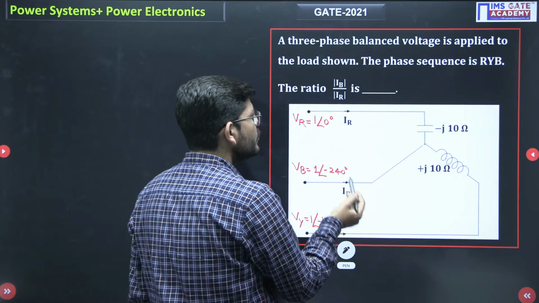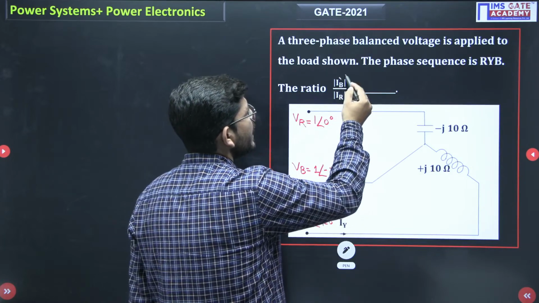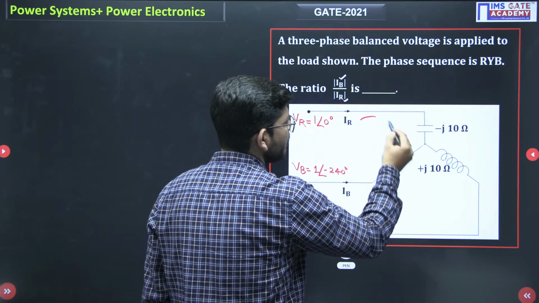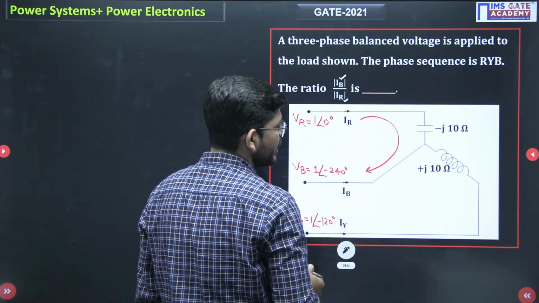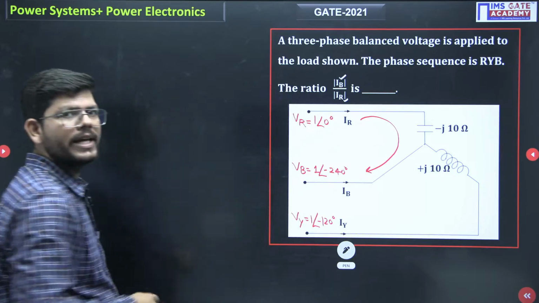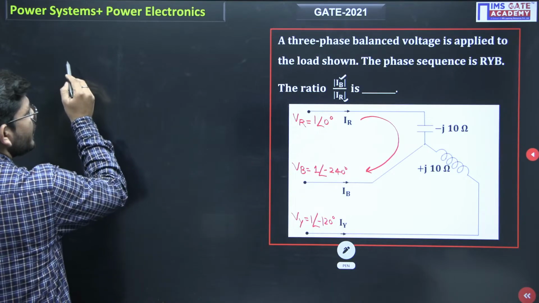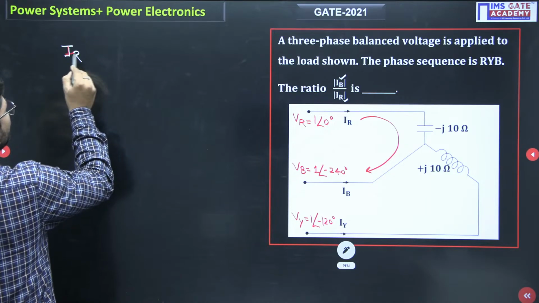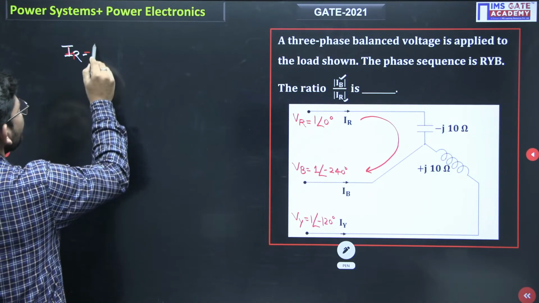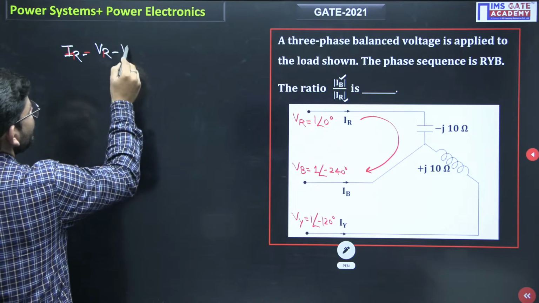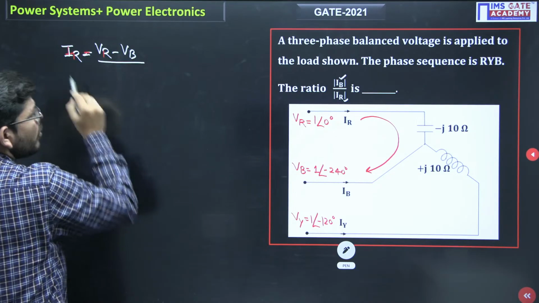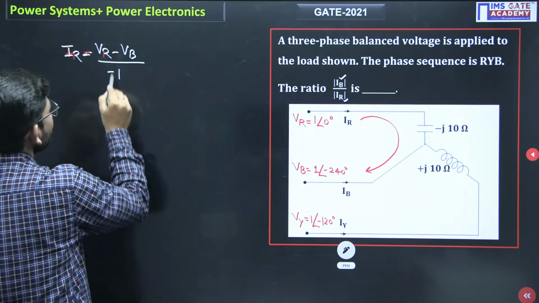If we have to calculate currents IB and IR, suppose we apply KVL in this branch. It will give you current IR. So what will be current IR? It will be VR minus VB, and this current will see an impedance of minus J10.